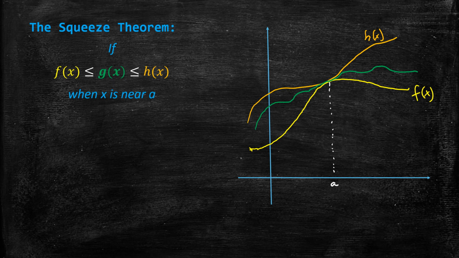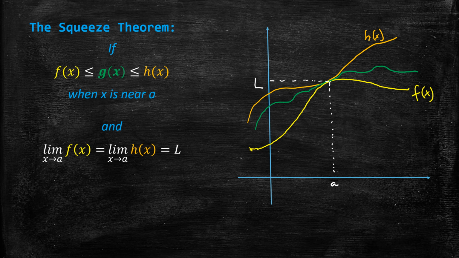Let's call that a. So if this is all true when x is near a, and if we know that h and f touch together at the point x equals a, and the limit here is L, and remember, even f and h don't have to be necessarily defined at a, but their limits can still exist.